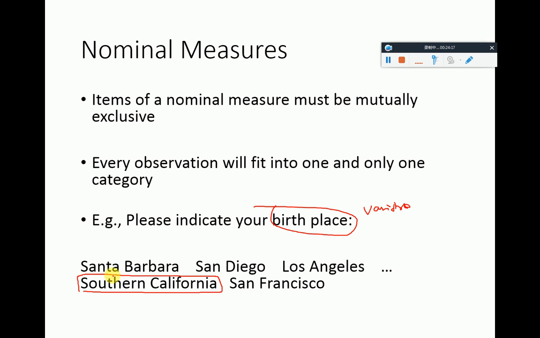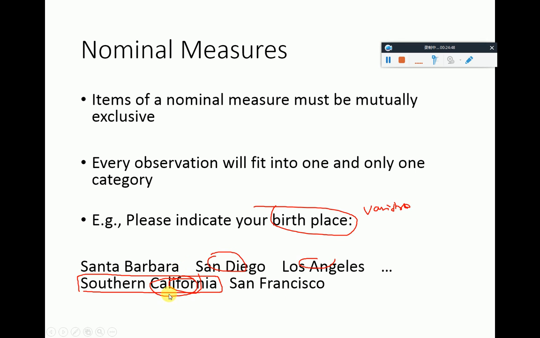But it is not mutually exclusive between Santa Barbara, San Diego, Los Angeles, and Southern California. A person can choose San Diego and choose this option at the same time, or choose Los Angeles and choose this option at the same time. So when a person can choose two categories at the same time, chances are these options are not mutually exclusive. Okay, so that's a problem.